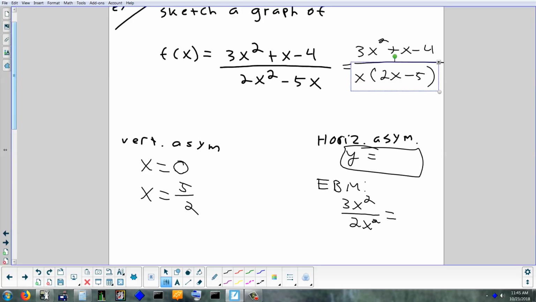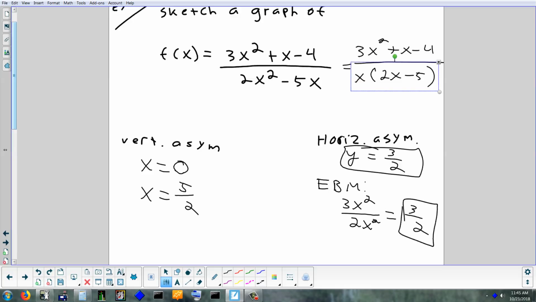And what does that reduce to? 3 over 2. So my end behavior model is 3 over 2, which means as you let x get bigger and bigger in that fraction, the fraction stays 3 over 2. So I'm going to have a horizontal asymptote at 1.5.